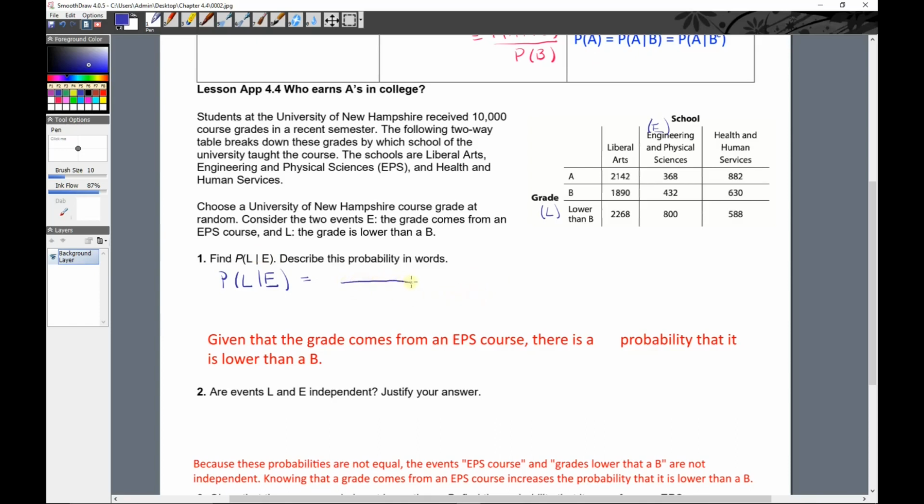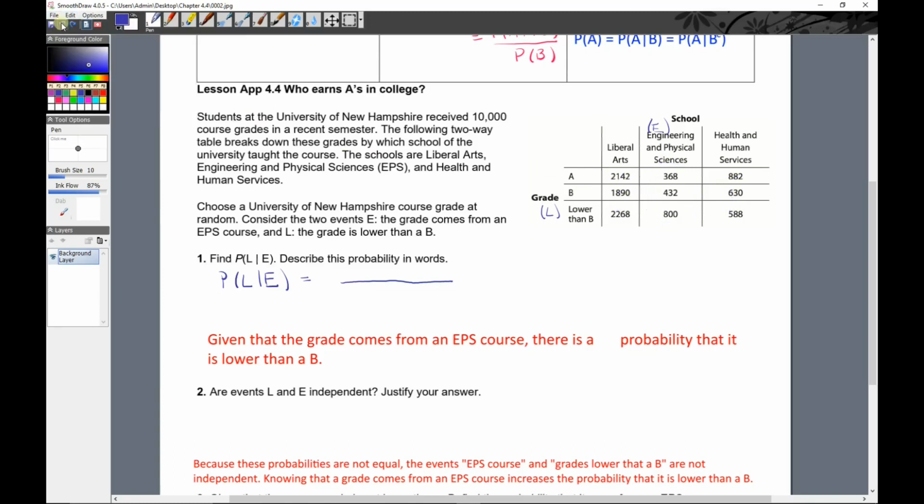We're going to have a kind of a complicated fraction because there are no grand totals or subtotals here. And keeping true to the notes, I don't want to put those in here because we're going to just work on it expanded. If it's given that this is from an EPS course, then we're only concerned with this column and we're not concerned with these 2 columns. So let me get rid of those.